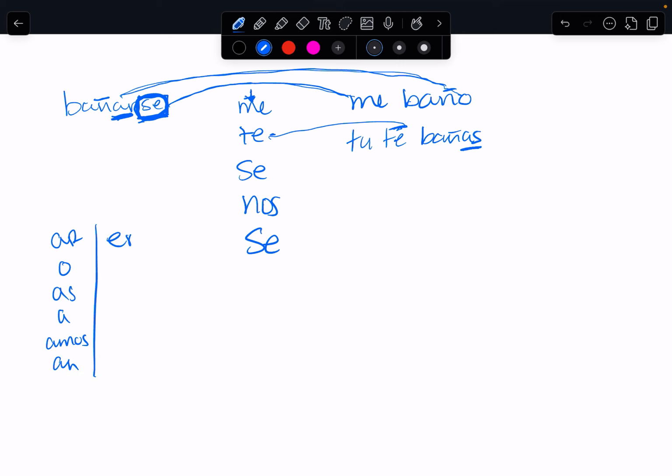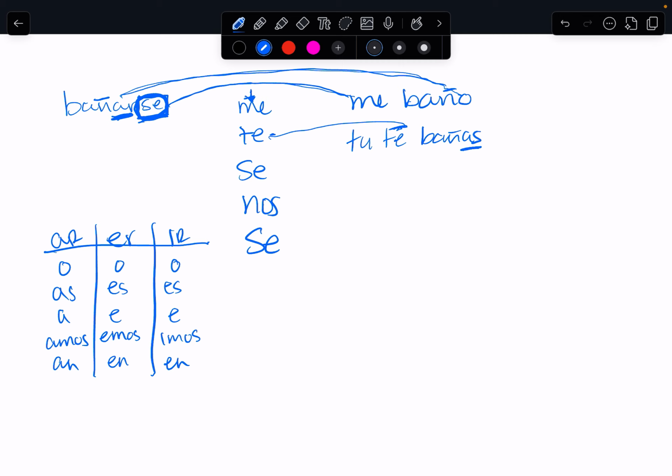ER verbs o, es, e, emos, en. And then IR verbs o, es, e, imos, en. So these are the good old conjugations that we know, right?